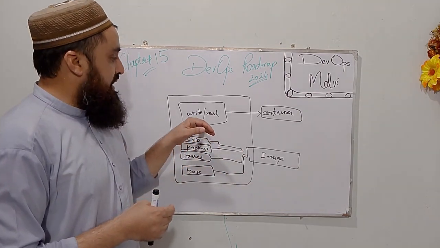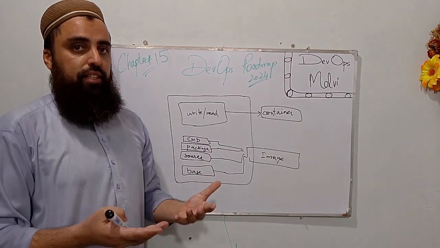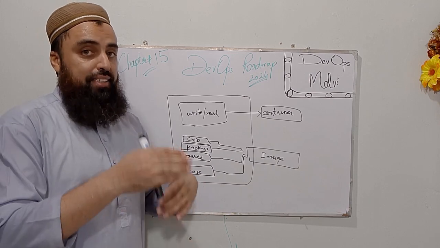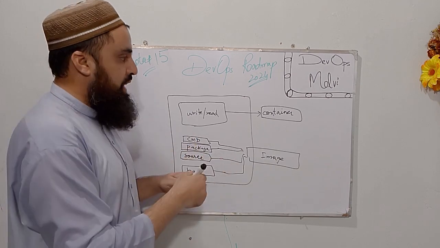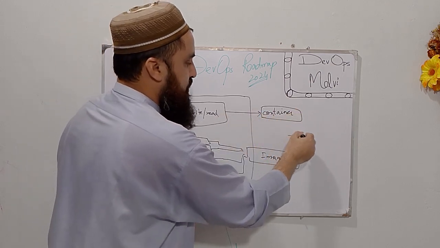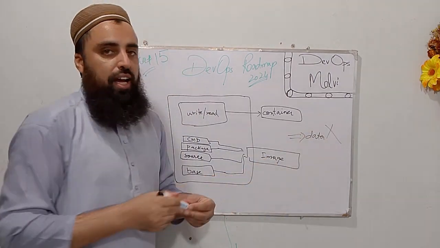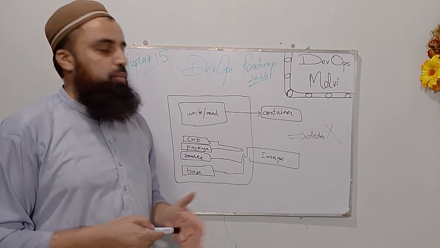So this layer contains ephemeral or temporary data that is required to run this container, or that the container creates when it is running. So when I remove this container, it means that the data on that container is lost. We don't have this data anymore because we don't have the container anymore.